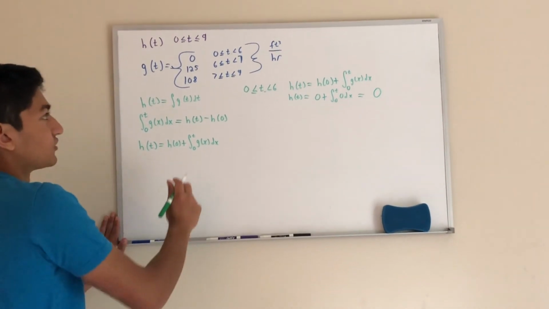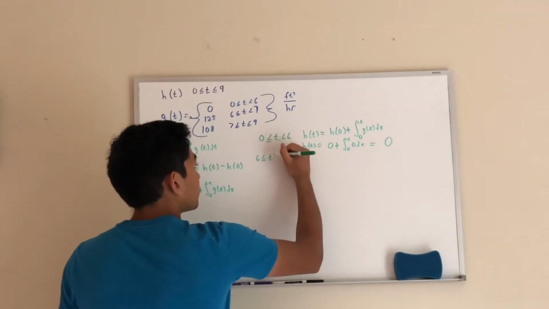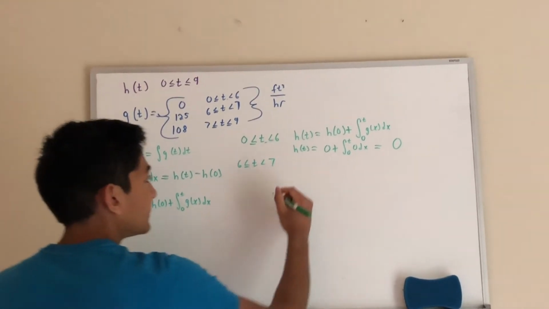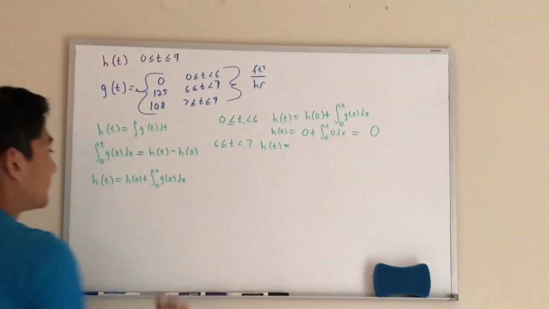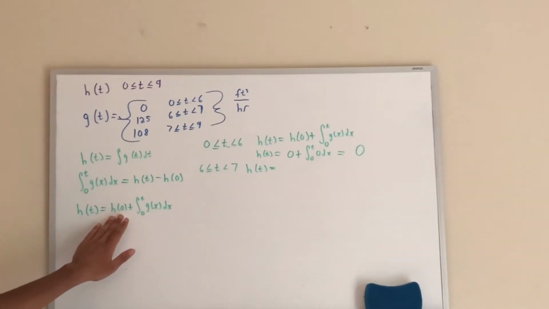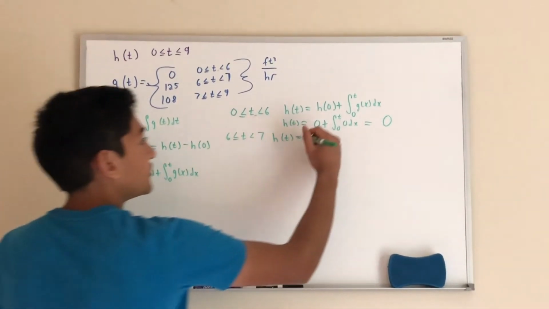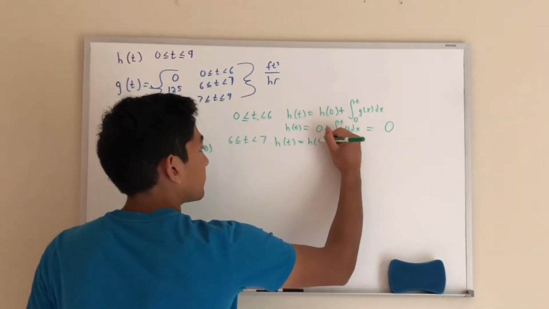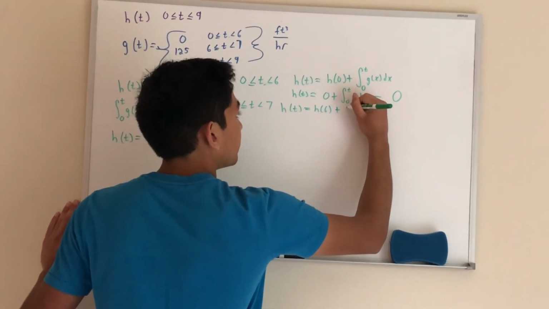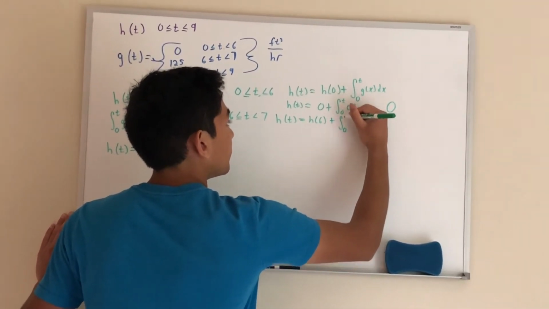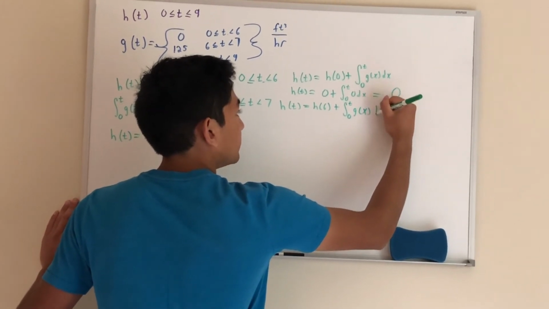Now we go to the next interval, which is from 6 to 7. For this interval, we have h of t equals, in a similar way, the same thing, except we're not starting at t equals 0, we're starting at t equals 6. So this will be h of 6 plus the integral of g of x dx.